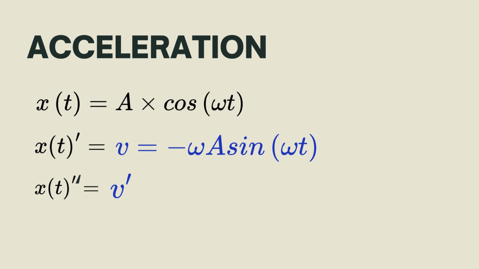So when we derive the function once more, we get the derivative of the velocity function, which gives us the acceleration function.